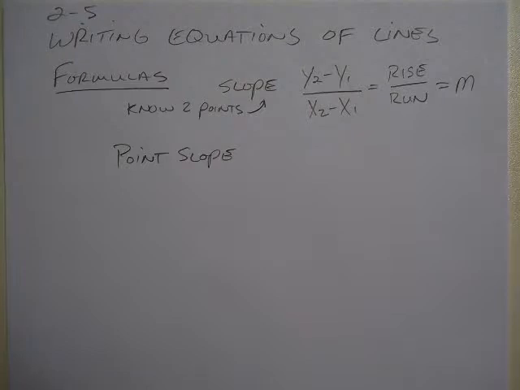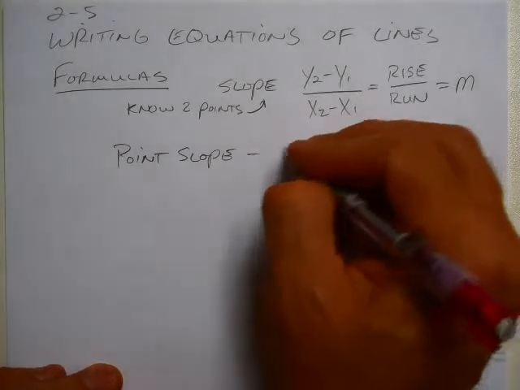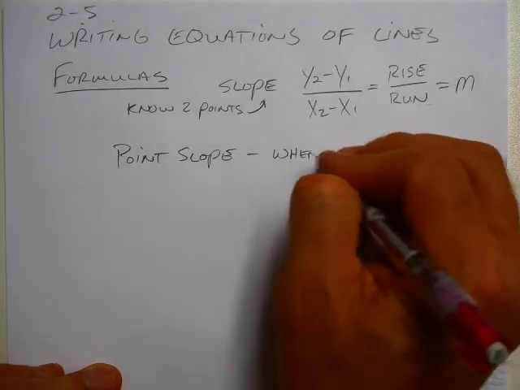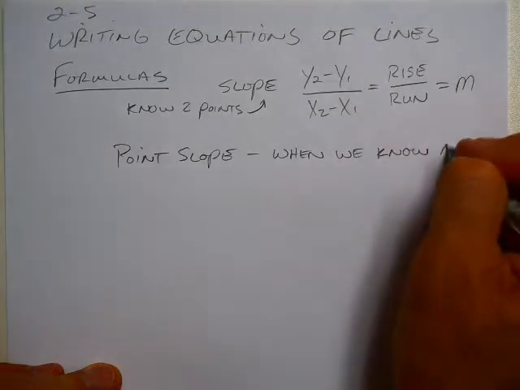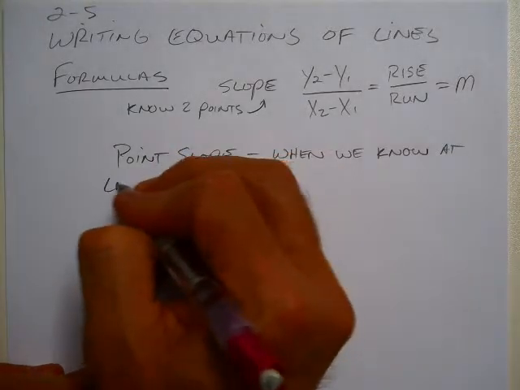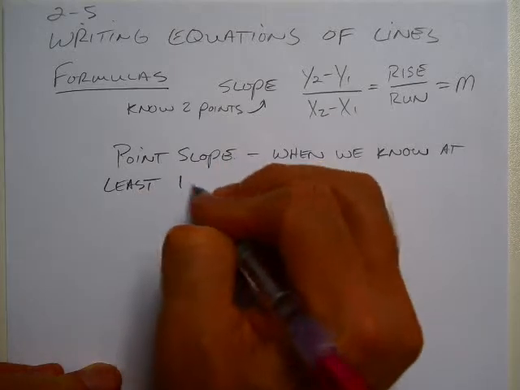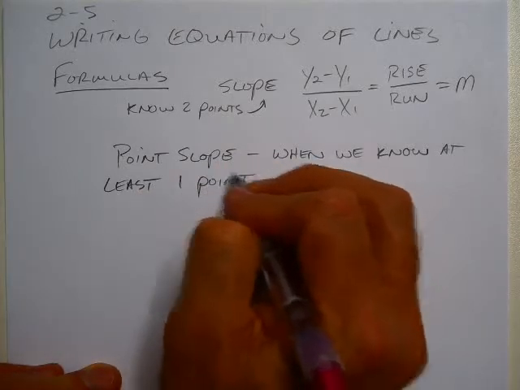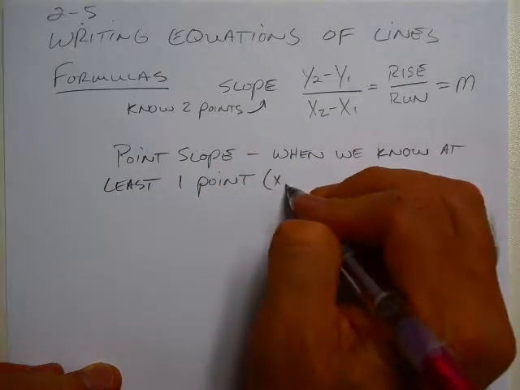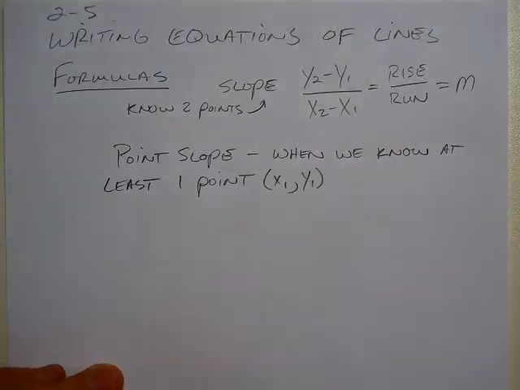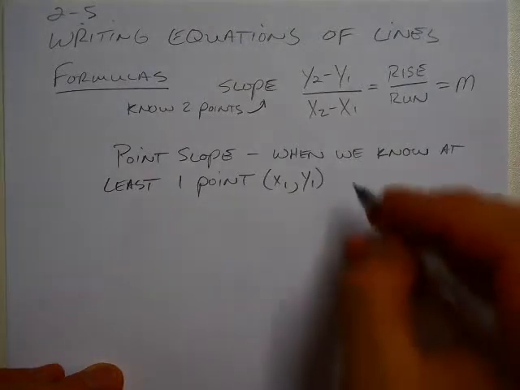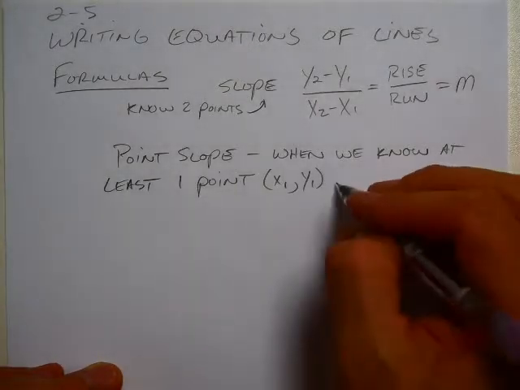Point slope is when we know a point, at least one point, and a slope. I'm going to call that point x sub 1, y sub 1. The 1 is just identified as point 1, the first point, and a slope.